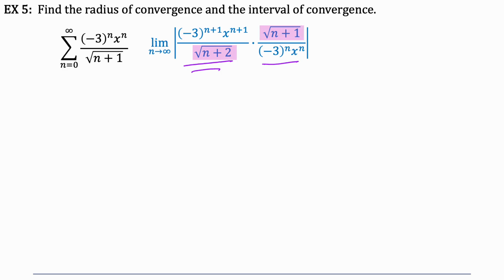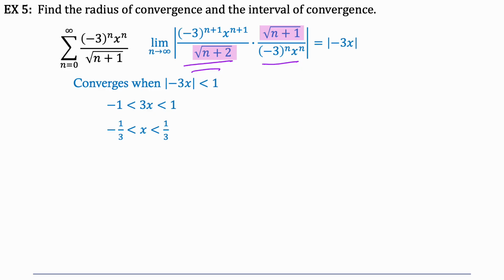Those n's have matching powers and matching coefficients, so those go to 1, and this whole thing simplifies to the absolute value of negative 3x. Now we know that our power series converges when the absolute value of negative 3x is less than 1. So solving that, we have an x between negative 1/3 and 1/3.